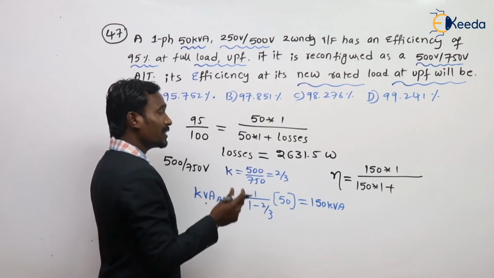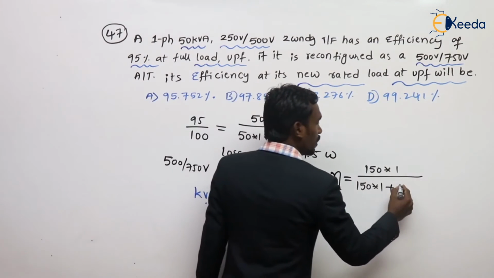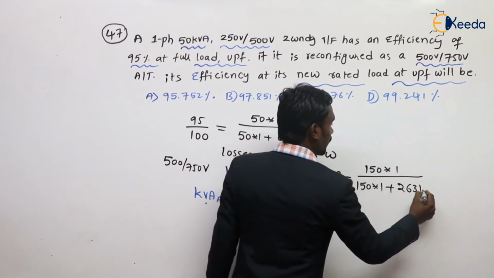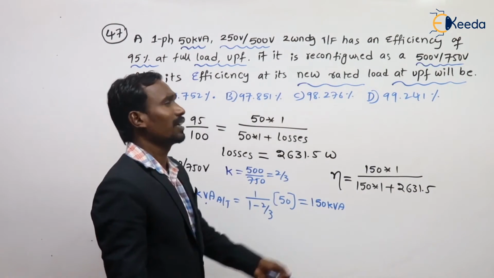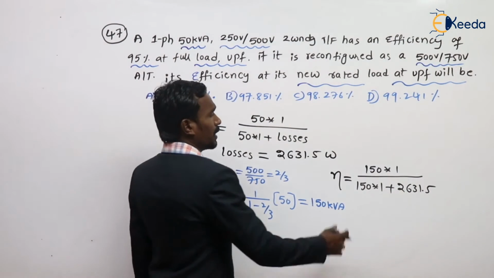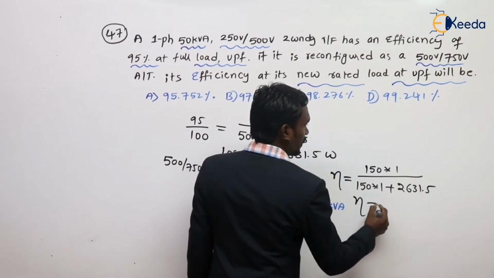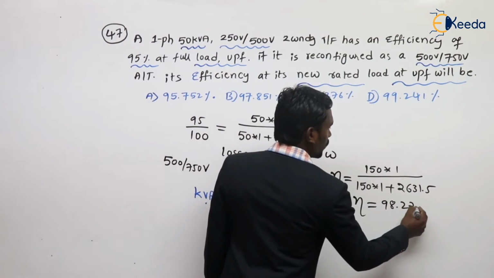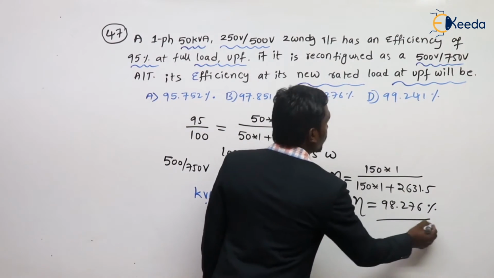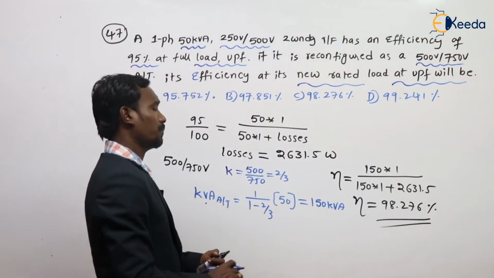There is no change in losses, the losses are the same, 2631.5, because they didn't give details about losses. So if you calculate this, you get the efficiency 98.276%.